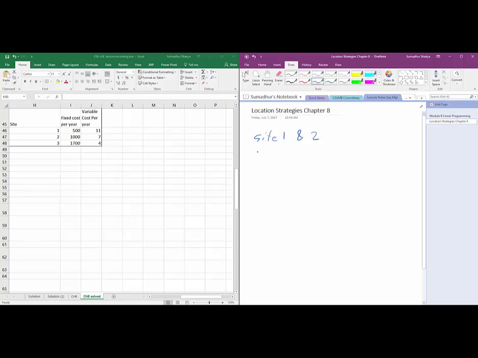Let's say site 1 and 2 are equivalent in terms of importance at volume x1, which means 500,000 plus 11 times x1 should be equal to 1000 plus 7x1.